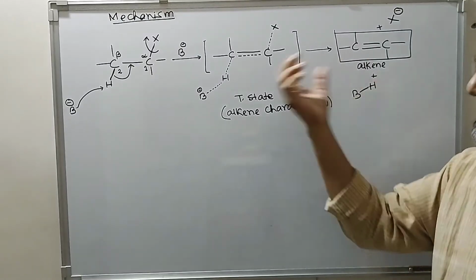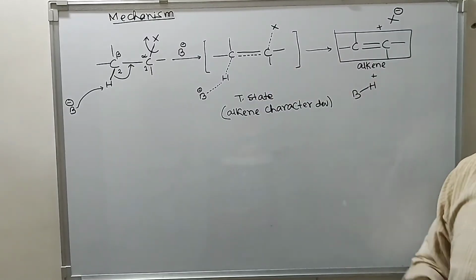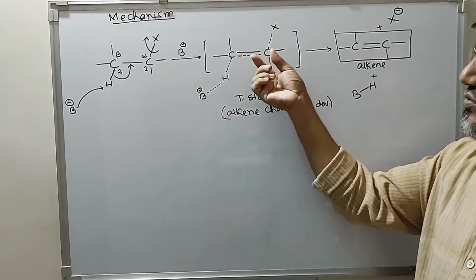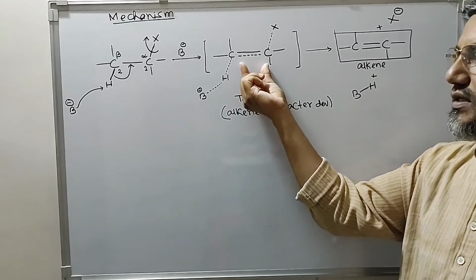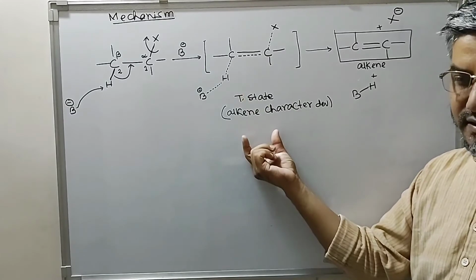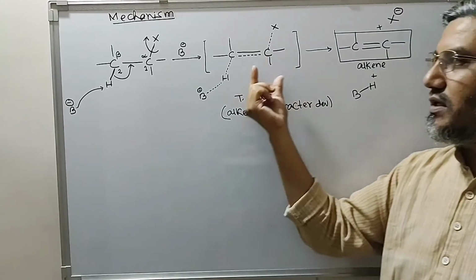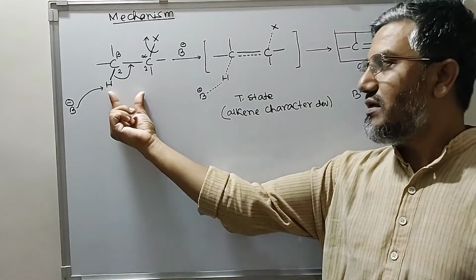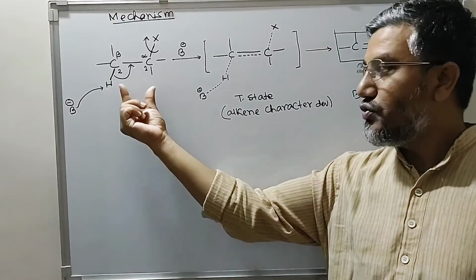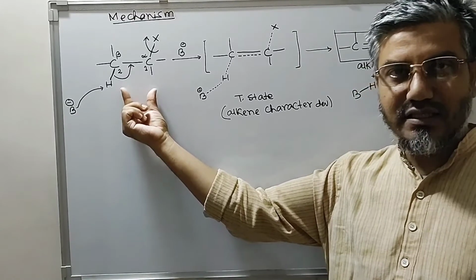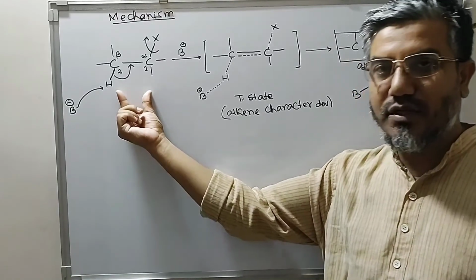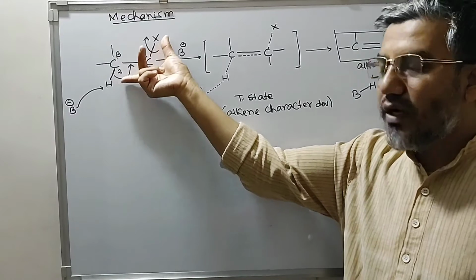So to increase the stability, this transition state should be less energetic. For this to be less energetic or more stable, the requirement is that the starting alkyl halide should be less energetic, more stable, stagger or anti form.